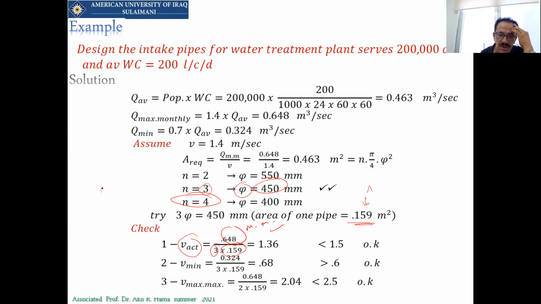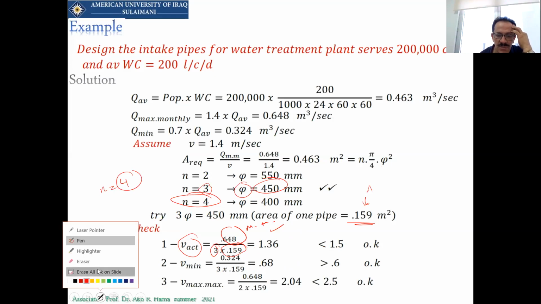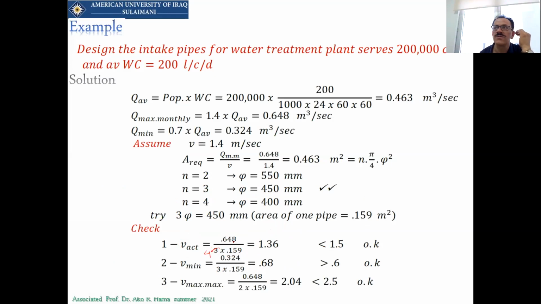Then you can say, okay, what if I go with the number of pipes being 4? What will the checking be here? Instead of 3, we will use 4 pipes. The diameter will be 400, so the area will be 0.4 squared times pi divided by 4.